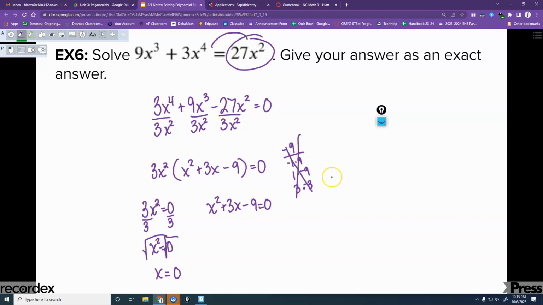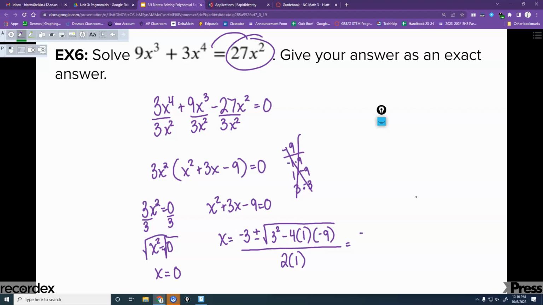For this, you can't factor it, so you're going to have to use the quadratic formula. So you would have x equals opposite of b, so negative 3, plus or minus the square root of 3 squared minus 4 times a, which is 1, times c, which is negative 9, all over 2 times a, which is 1. We don't want to type this into Desmos and get a decimal because we want to have it as an exact answer.